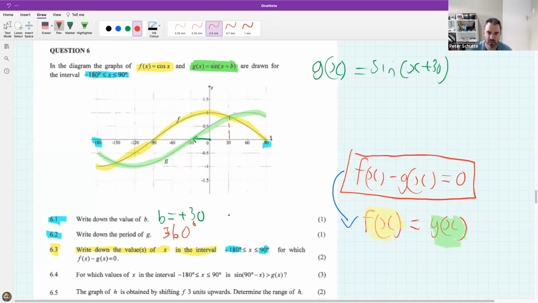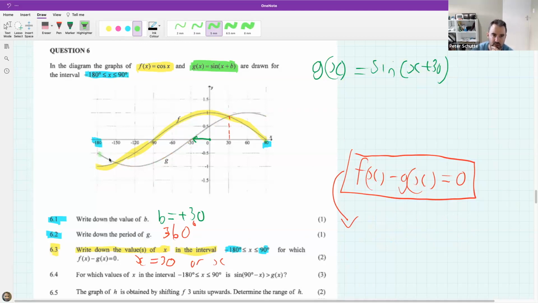I can definitely see one spot, where x is equal to 30. And then I also think it's when x is equal to minus 150. So that's where f of x equals g of x.